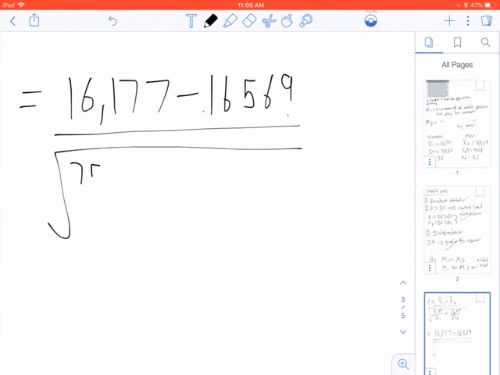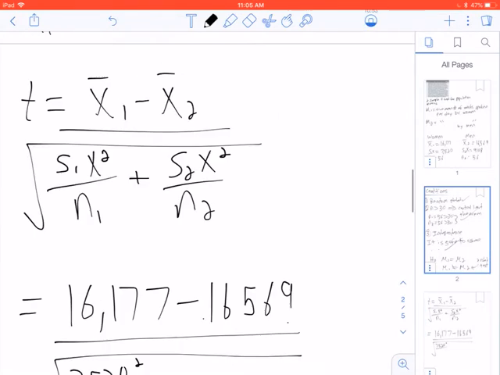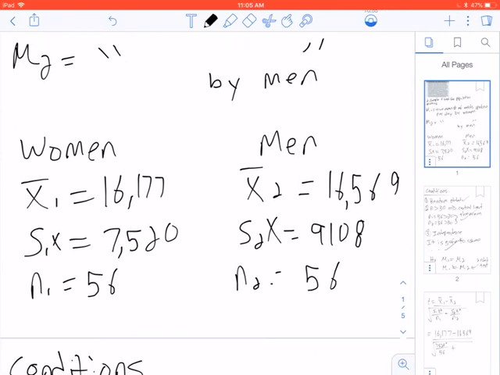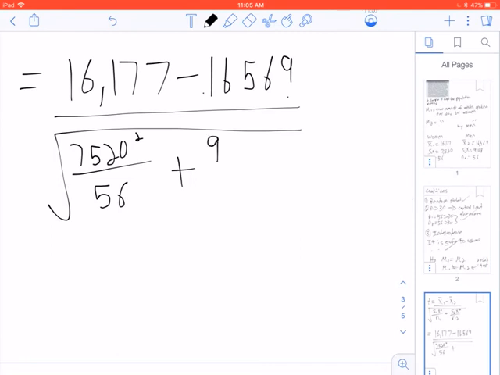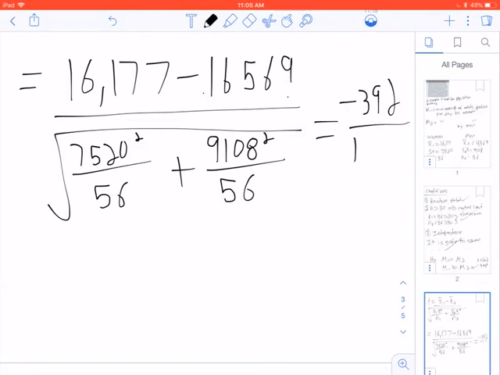So I have 7,520 squared divided by 56, plus, for the men it was 9,108. So I have 9,108 squared divided by 56. If you plug this whole mess into your calculator, what you should come out with is negative 392 divided by roughly 1,578. I'll double check this number real quick.